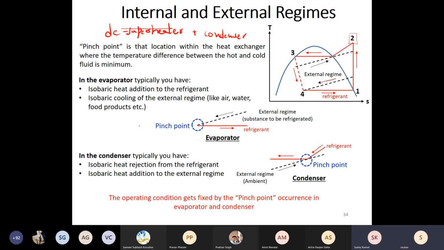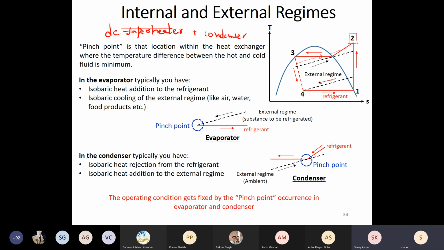Okay, and similarly, if I extend that logic to this process also, so if this is the external regime process line, this would be the limiting process line for the internal regime. So at this kink, we have to observe there should not be any crossing of the process line. So the external regime cannot go like this.